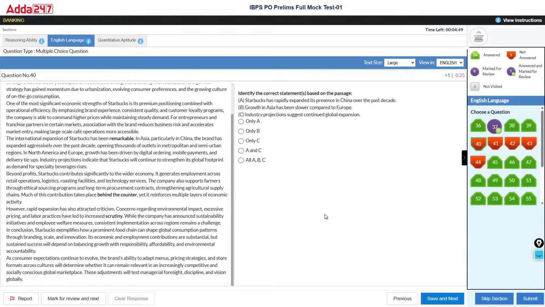Starbucks has, okay, correct. Starbucks has rapidly expanded its presence in China over the past decade. Yes. Growth in Asia has been slower compared to Europe. No. Industry projections suggest continued global expansion.